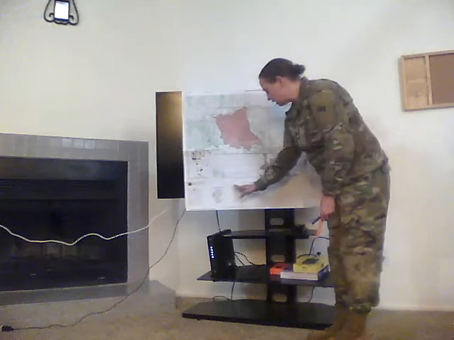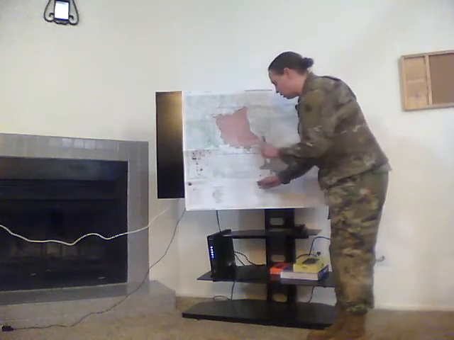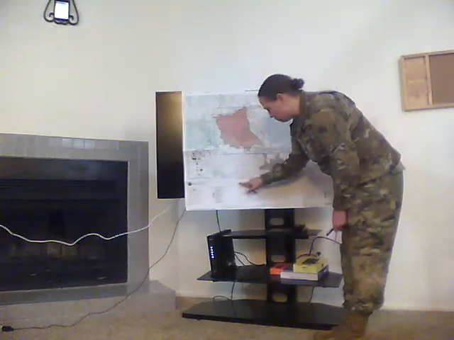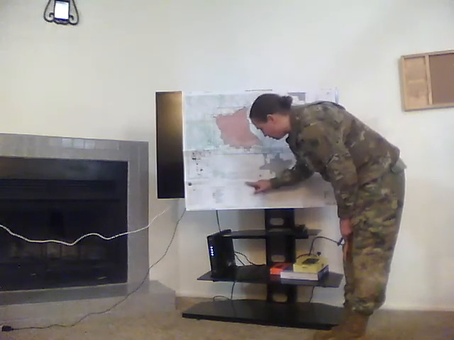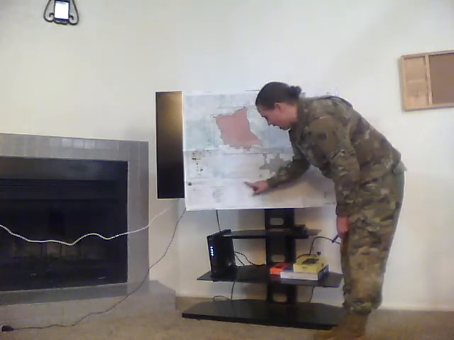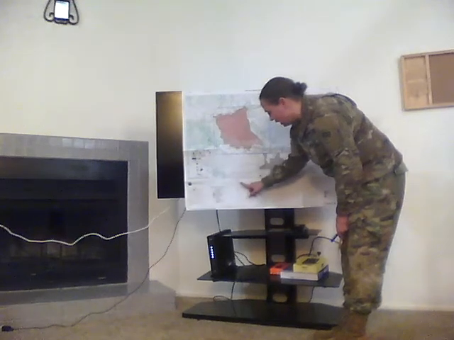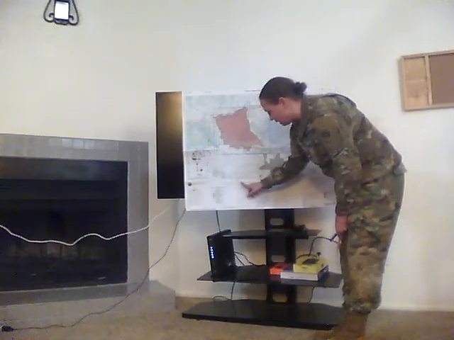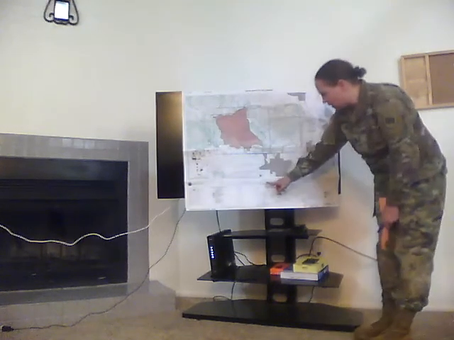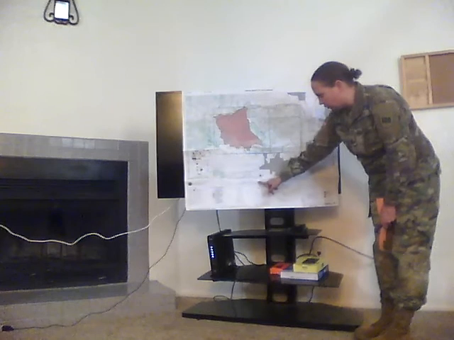The extension scale is on the left of the primary scale, which is broken down into meters, also in 5 sections. Half of that scale is 500, and at the very end is 1,000 meters. So 1,000 meters is equal to 1 kilometer.